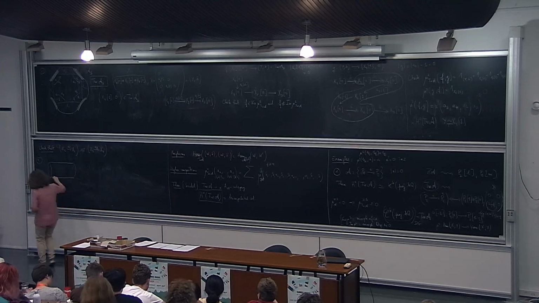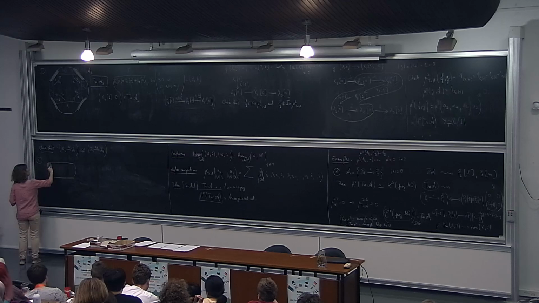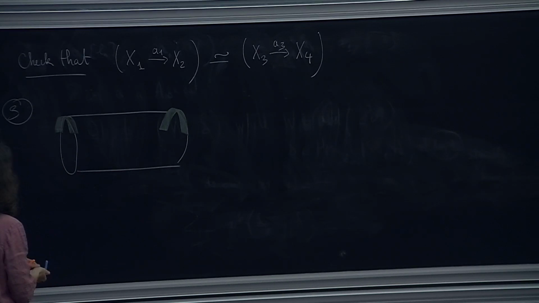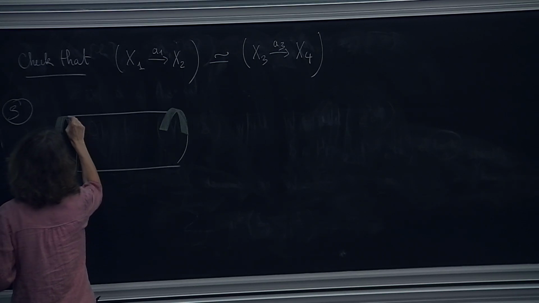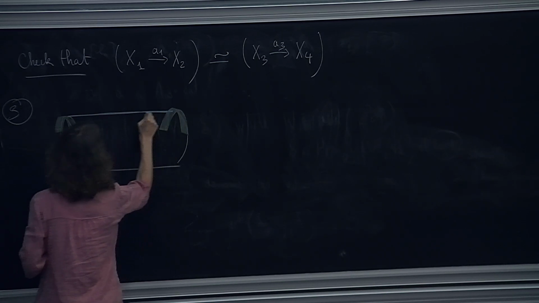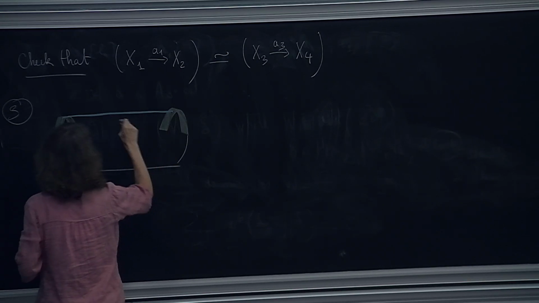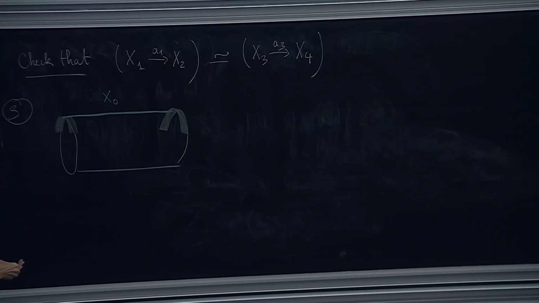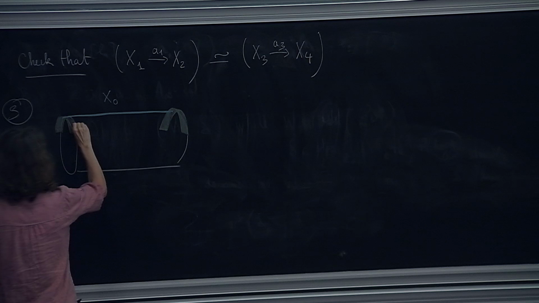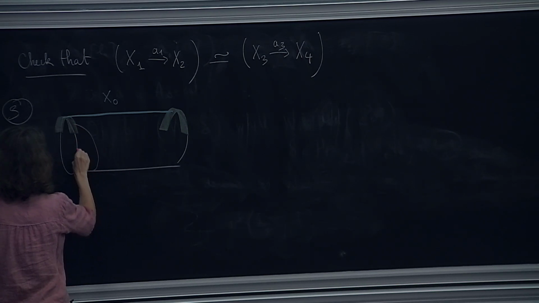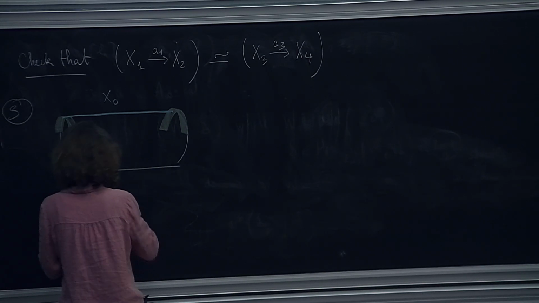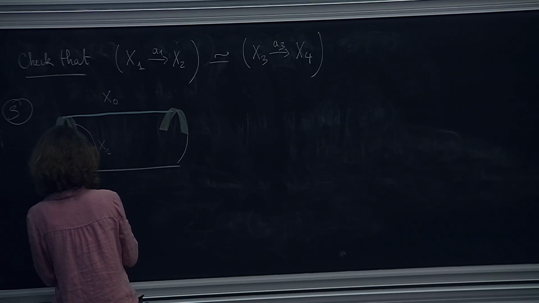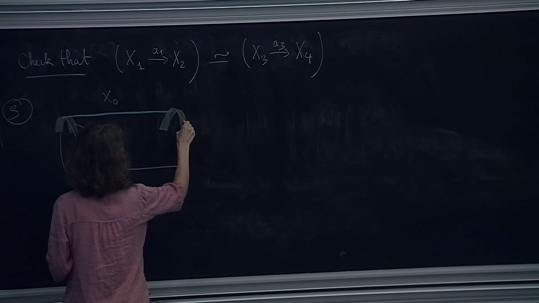Here I will put my thing like this, and I take this arc that I call x0, and this will be x1, and I take another one here.